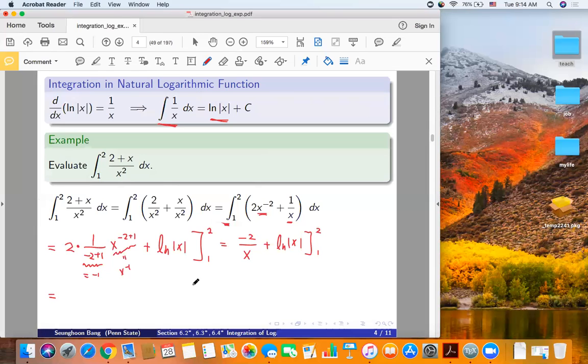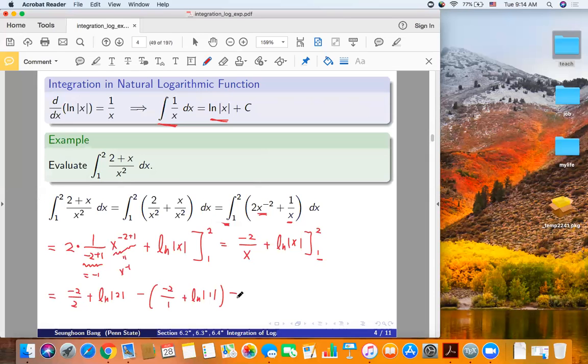Plug the upper limit 2 into x: negative 2 over 2 plus ln of absolute value of 2, minus, you plug the lower limit 1 into x: negative 2 over 1 plus ln of absolute value of 1.